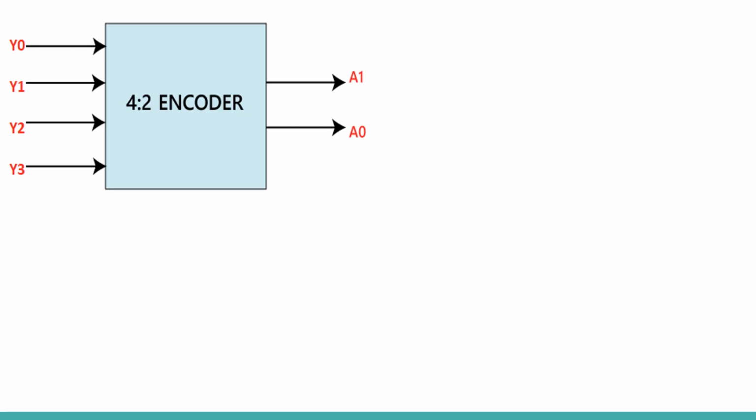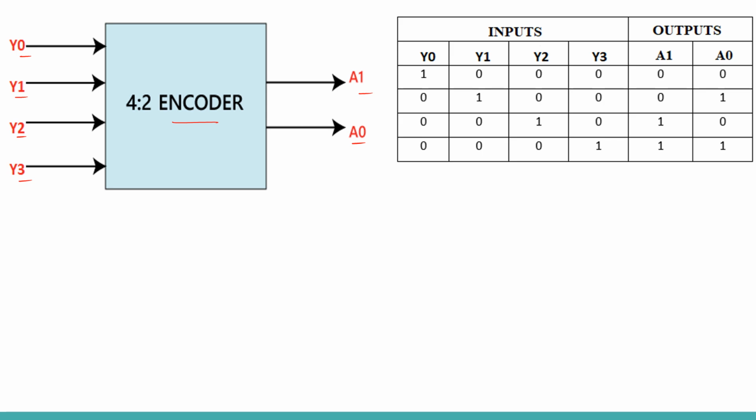Now see the block diagram: 4:2 encoder, 4 inputs y0, y1, y2, y3, and outputs a0, a1. So that is the block diagram part. Then the truth table: inputs are y0, y1, y2, y3, and their respective outputs a0, a1.